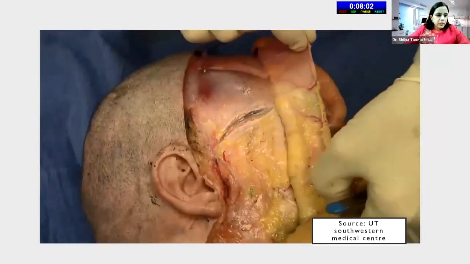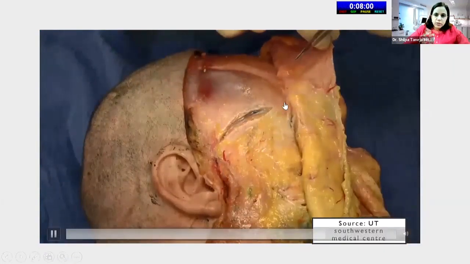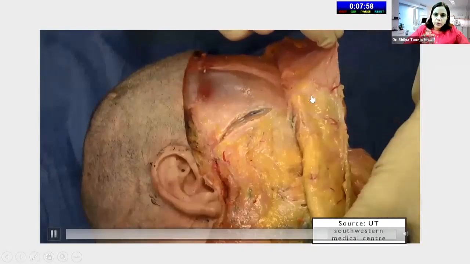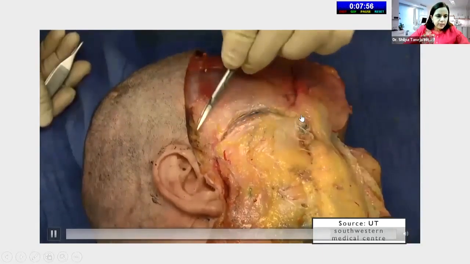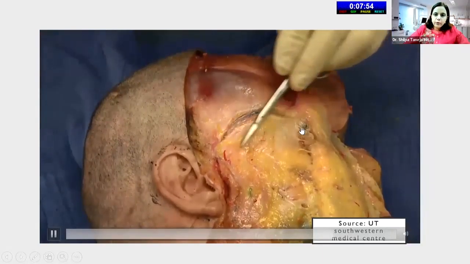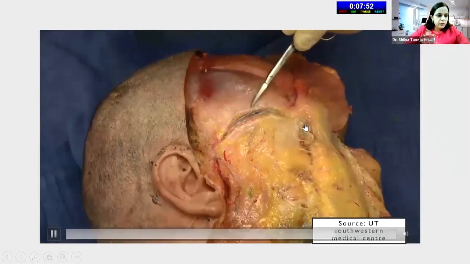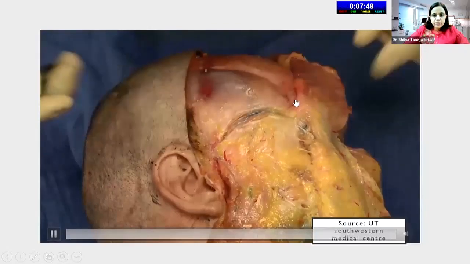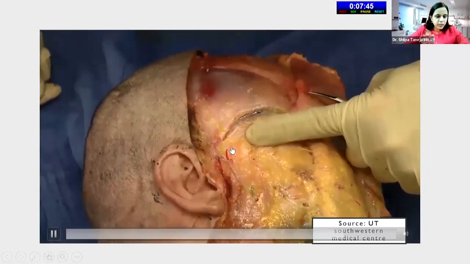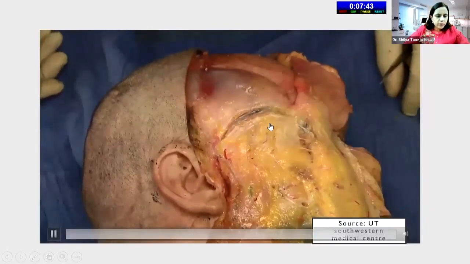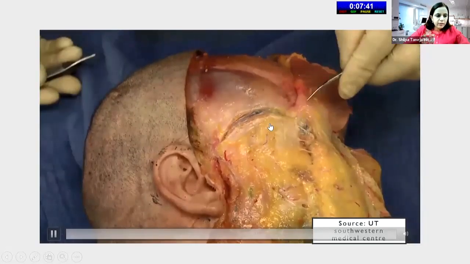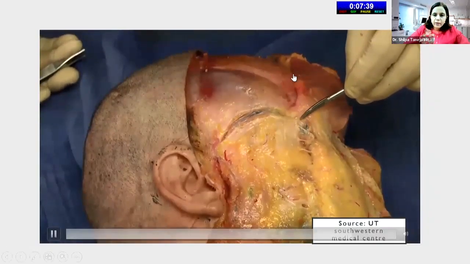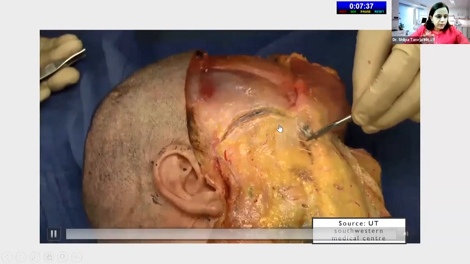The frontal branch of the temporal artery anastomoses with the supraorbital and supratrochlear vessels here, and retrograde flow here can cause loss of vision. The middle temporal vein, as we can see here, is the most prominent structure. It drains into the jugular vein, and emboli can travel retrogradely and can cause danger to life.